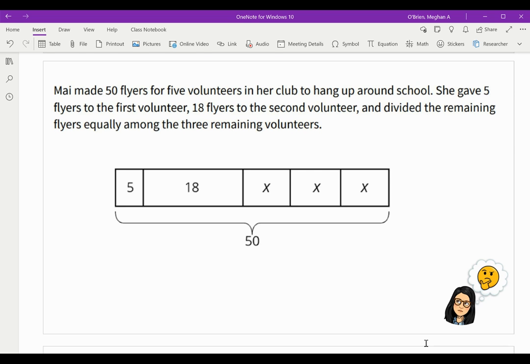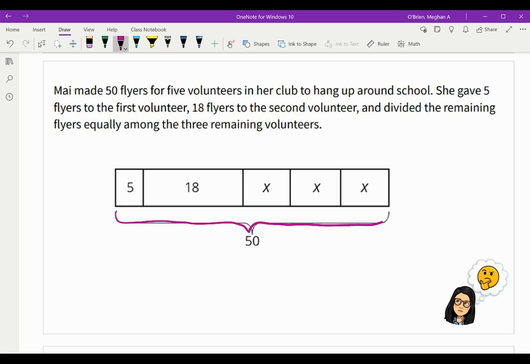This diagram is called a tape diagram. And it's another visual to help us solve some story problems and, of course, some equations. So breaking it down, we can see that the total is represented here by the whole tape diagram, and it's labeled 50 because she made 50 flyers for 5 volunteers.